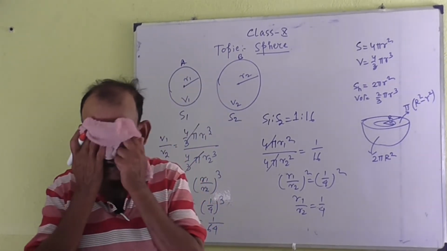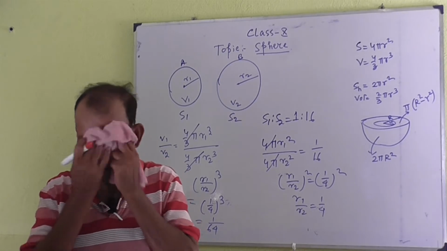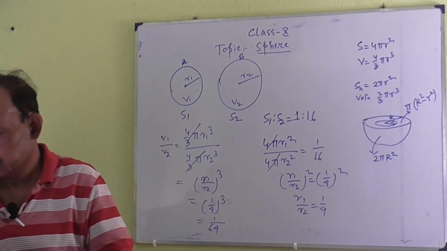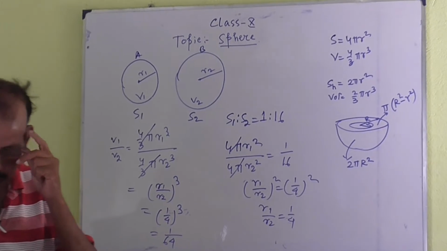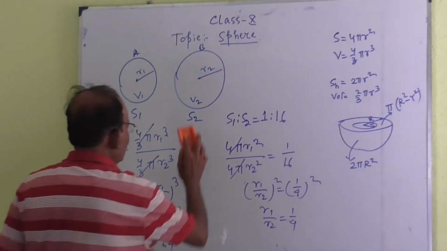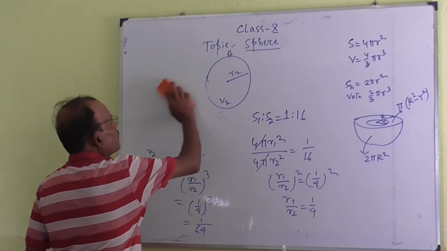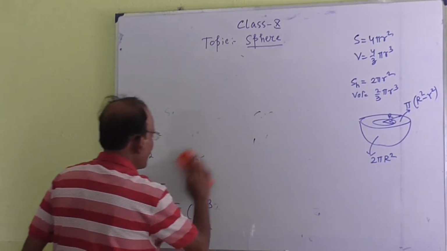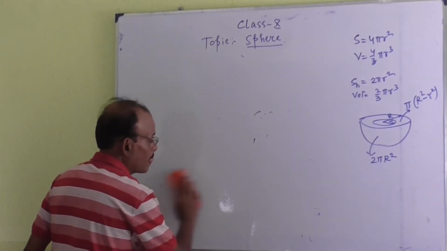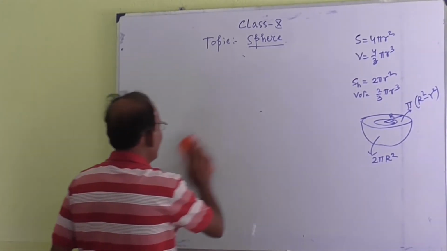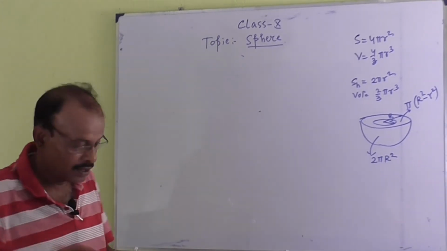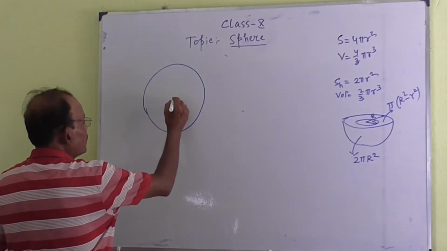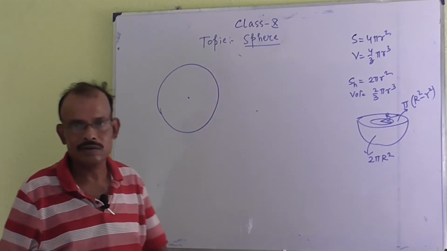Clear? Now, we choose the next sum. Here, this is a sphere made of iron.